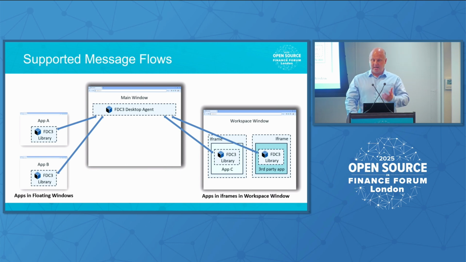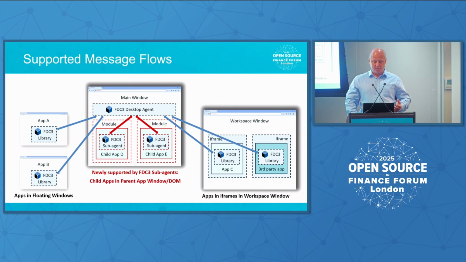They might even be within a layout manager in there. And so that part we retain, but what we do is we add to that with this new subagent proposal, and we also support this type of interop, where we've got apps running directly in the parent window. The key point is that they are hosted and executed in that parent window. They're not running in iframes.